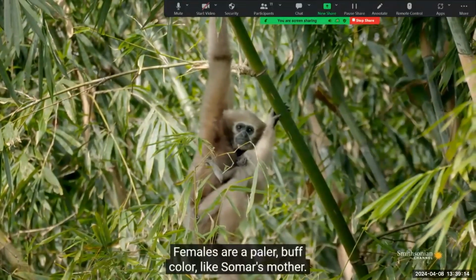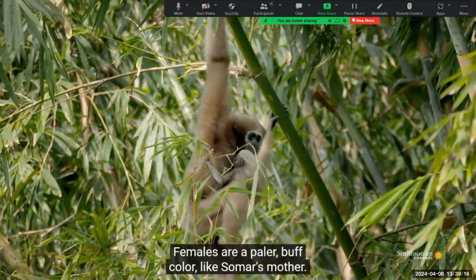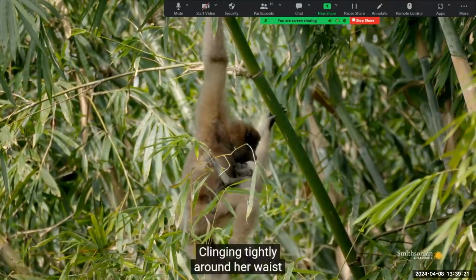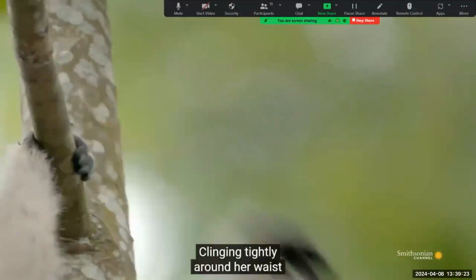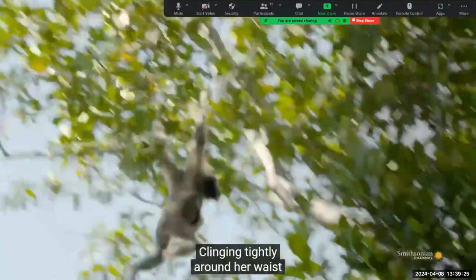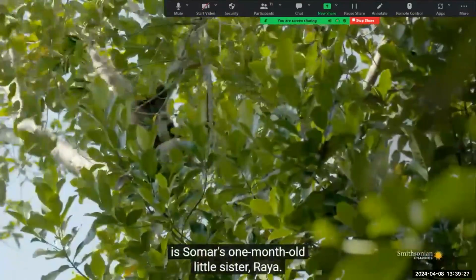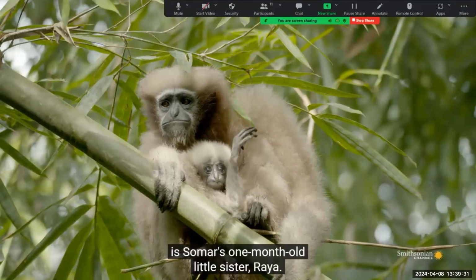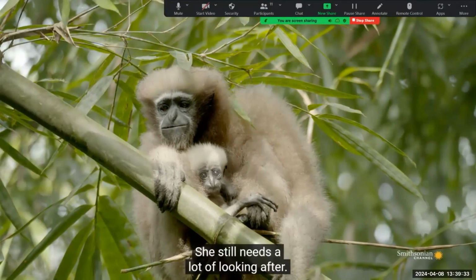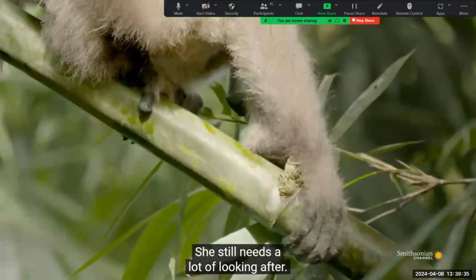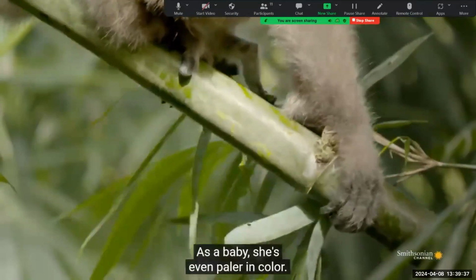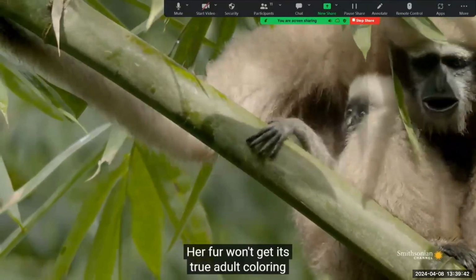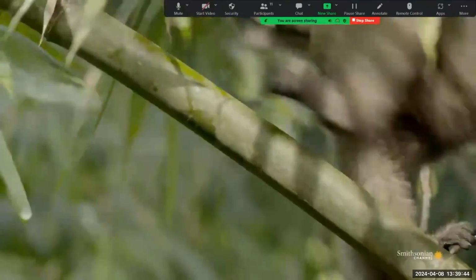Females are a paler buff color, like Samar's mother, clinging tightly around her waist is Samar's 1-month-old little sister, Raya. She still needs a lot of looking after. As a baby, she's even paler in color. Her fur won't get its true adult coloring for another 5 years.